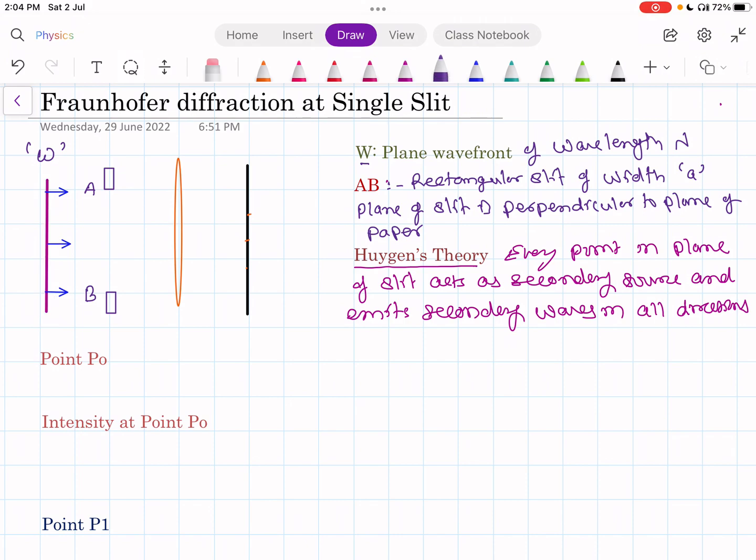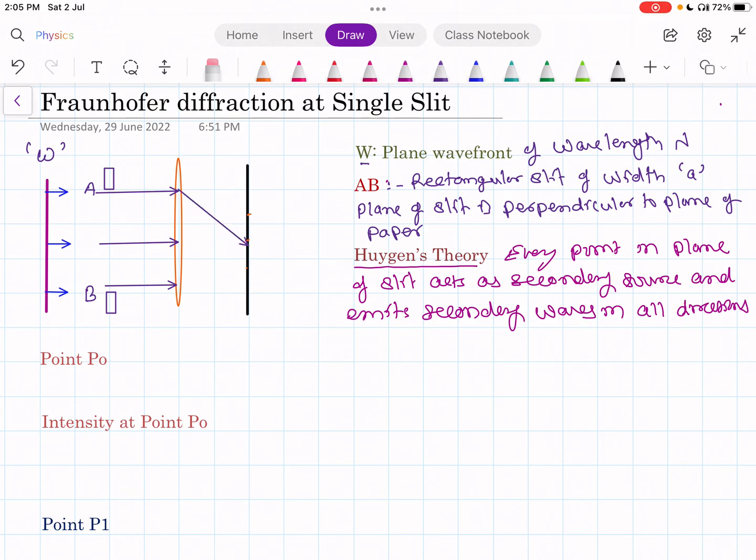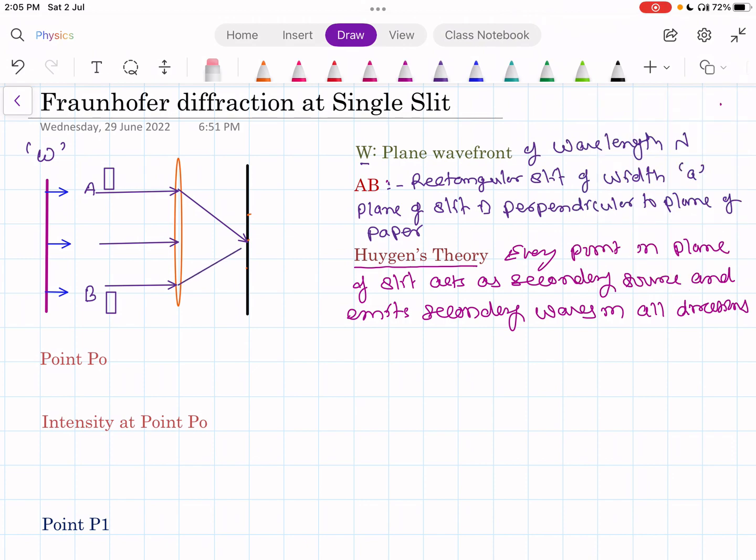Then let's say that the secondary waves which are normal to the plane of the slit, these secondary waves which I have shown over here, are normal to the plane of the slit and they are brought to focus on the screen, let's say at point P0.